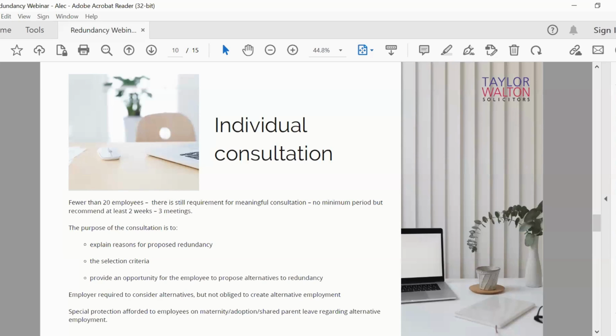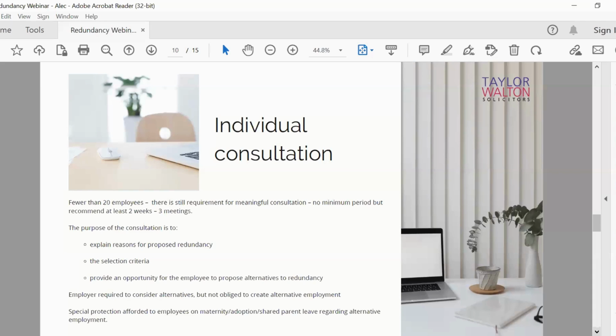If they're trying to say they may be willing to work on a part-time basis, or some other working arrangement. But the fundamental principle is that the employee should be allowed to put forward any alternative suggestions, and they should be considered by the employer in order to determine whether or not the redundancy could be avoided.